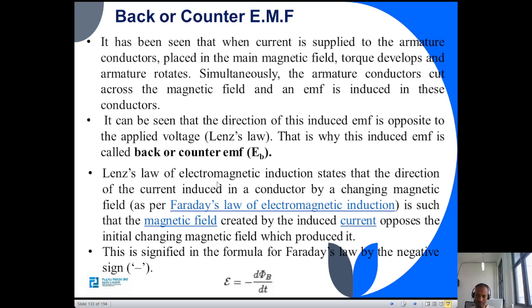What does this mean? See, when we supply the voltage, current is flowing through the coil. When we place the current carrying conductor inside the magnetic field, it creates a torque, we said. So the current which is produced inside this coil, and which creates the torque, produces its own flux.